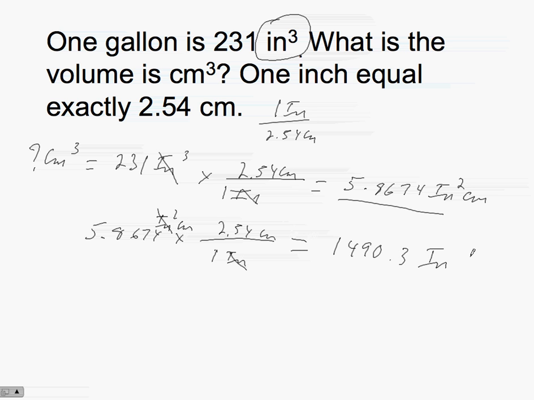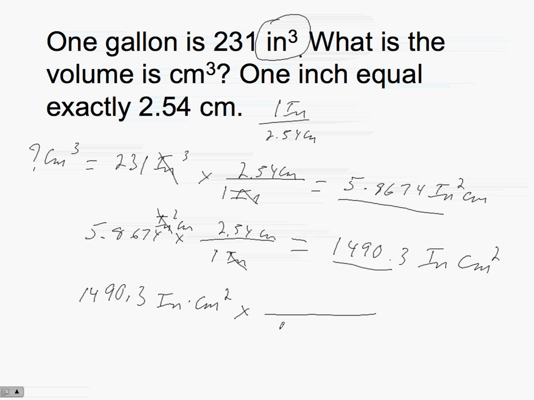inches times centimeters squared. Again, I want my answer to be in centimeters cubed, so I have to take this number and multiply it again, which is 1490.3 inches times centimeters squared, and I multiply it.